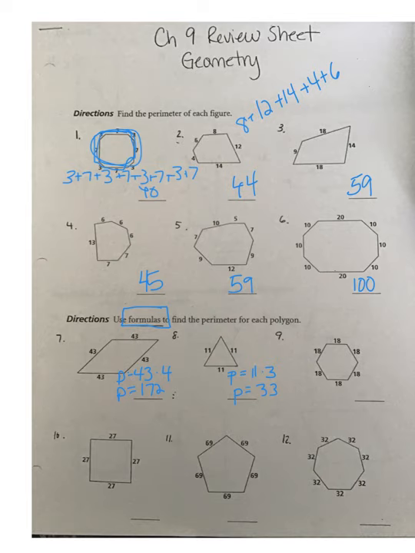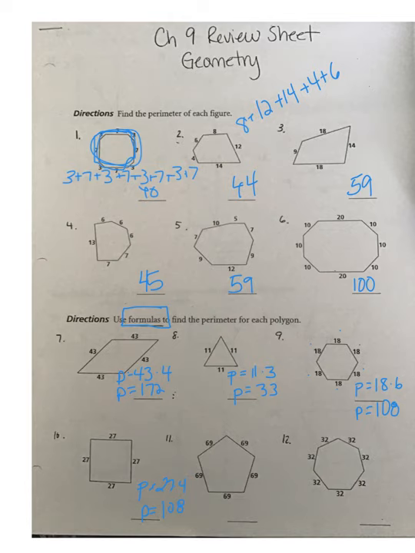For number 9, we have 1, 2, 3, 4, 5, 6 sides. So the formula would be 18 times 6, which would equal 108. We have 4 sides on 19. Nope, sorry, that's number 10. 4 sides on 10, so it would be P equals 27 times 4. So the perimeter of that one is 108.